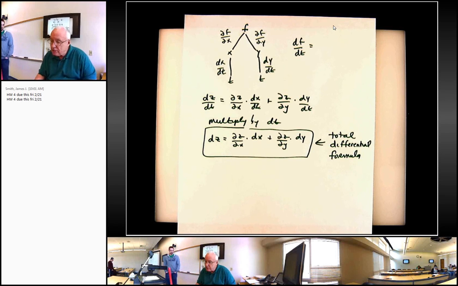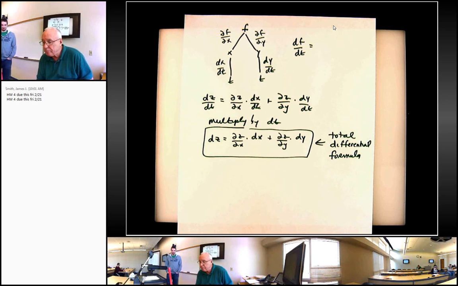Okay, 14.2, so we're looking at 33 and 34. Oh, yes. So, let's see. Well, determine the set of points such that the function's continuous.